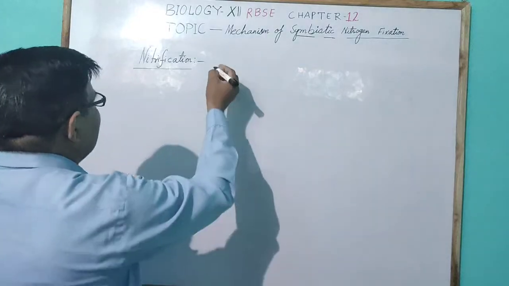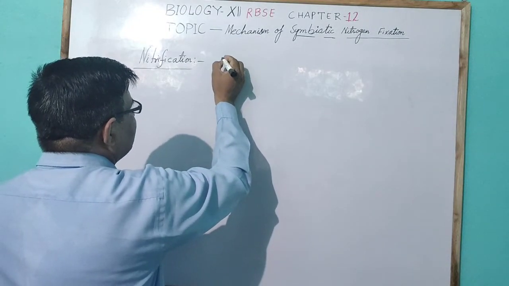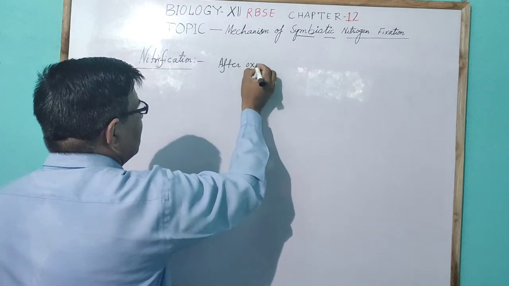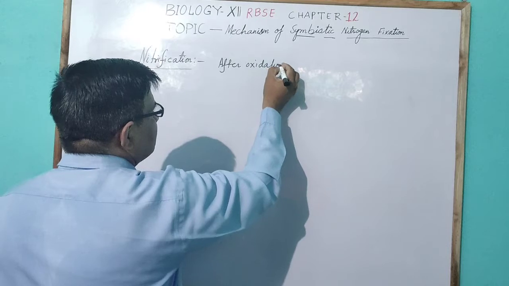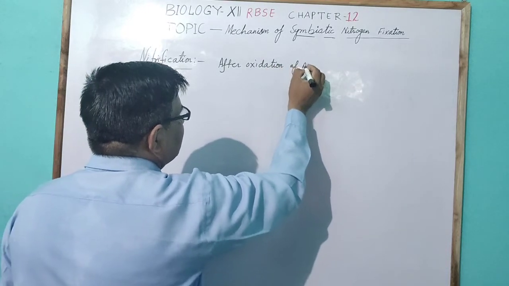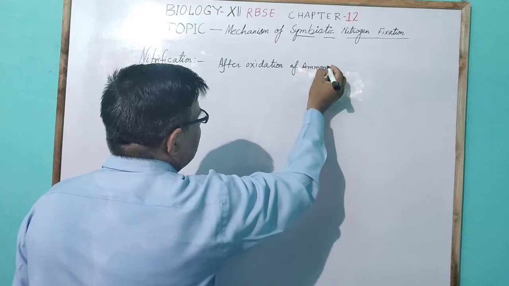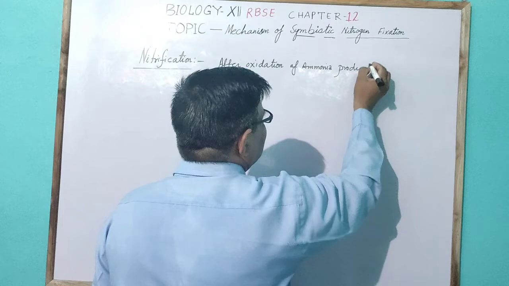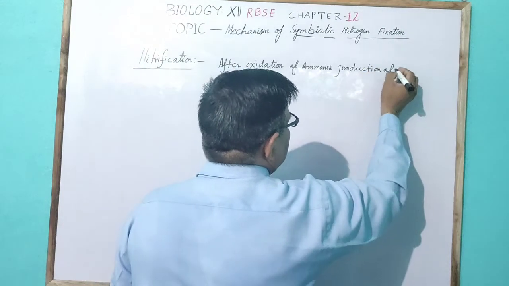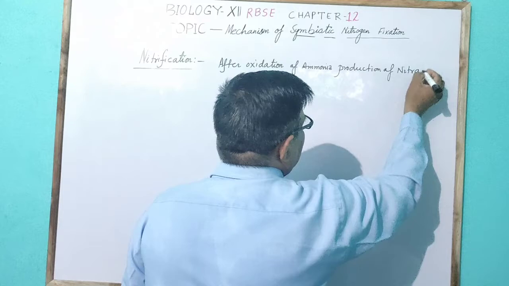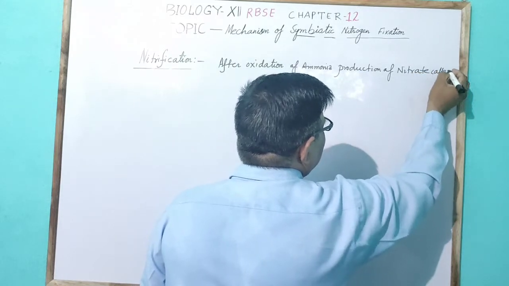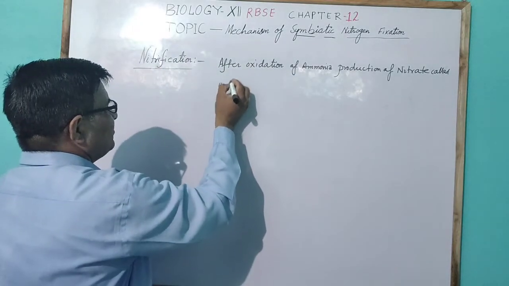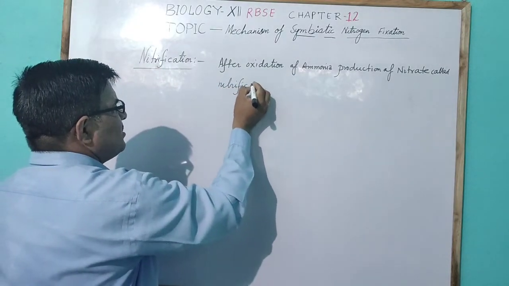After oxidation of ammonia, the production of nitrate is called nitrification.